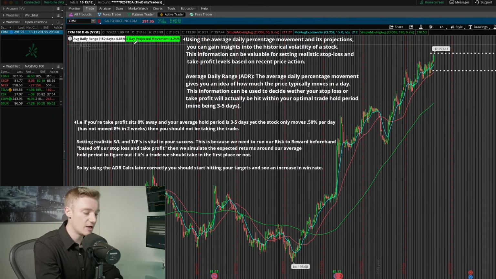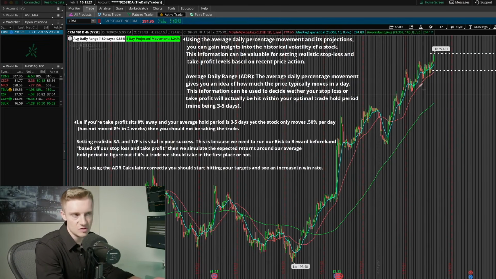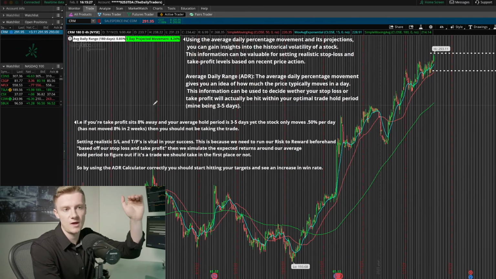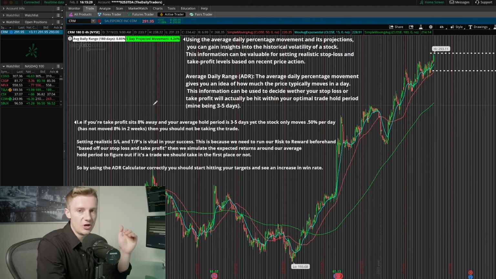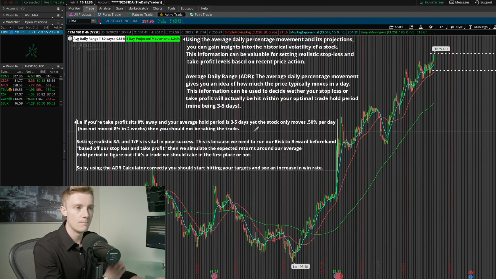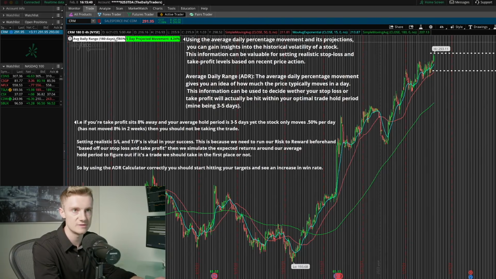Now, when it comes to setting those realistic targets, I'm going to give you an example. Let's just say this is a theoretical trade, and don't even look at the chart. Let's say your take profit sits 8% away, and your average hold period is between 3 to 5 days. Yet the stock you're looking at only moves on average 0.5% per day, which we'll be able to see based off of the white box right here.